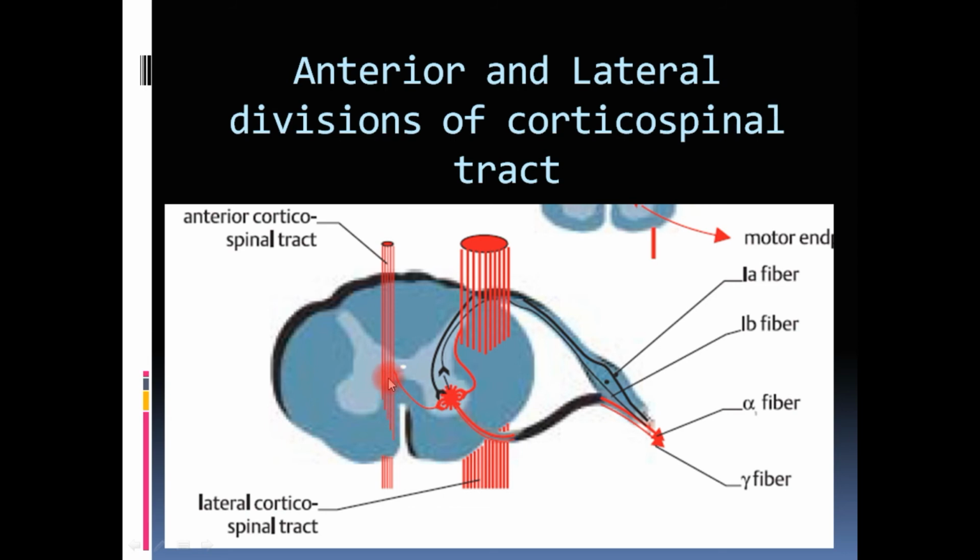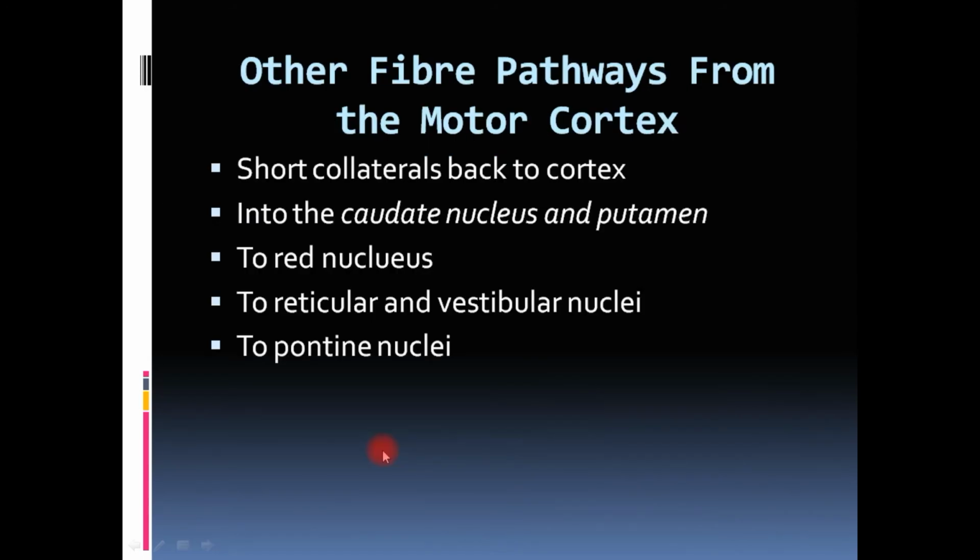Then it gives rise to the local neuronal circuitry, from where the final common pathway, the alpha motor fibers, arises. So this is how the lateral and anterior corticospinal tracts are present.